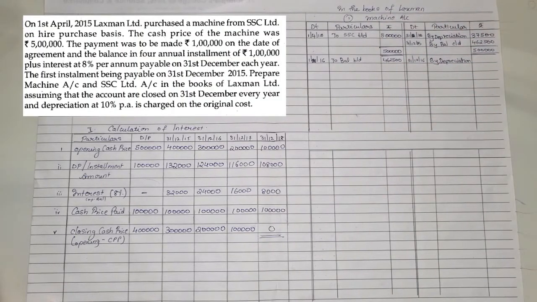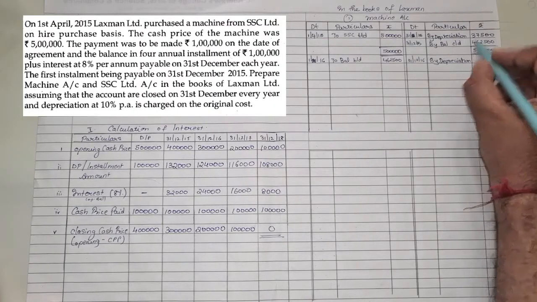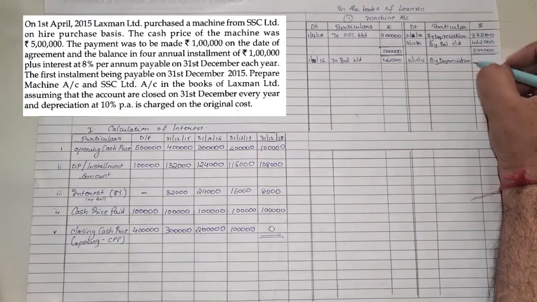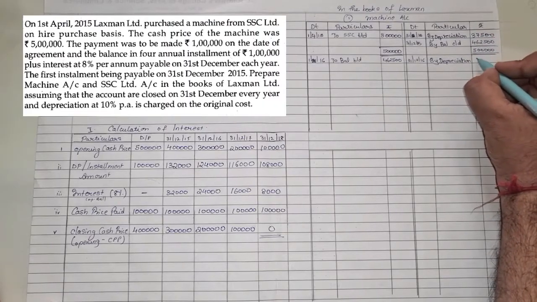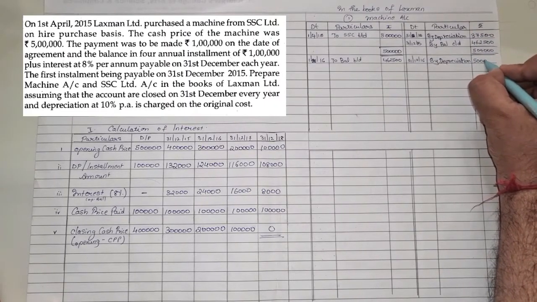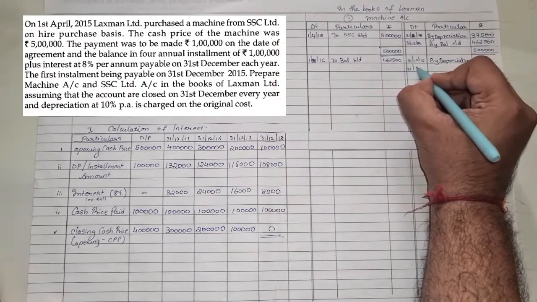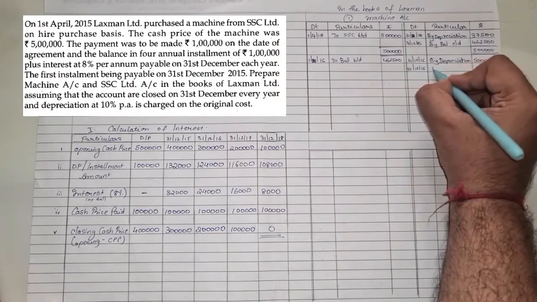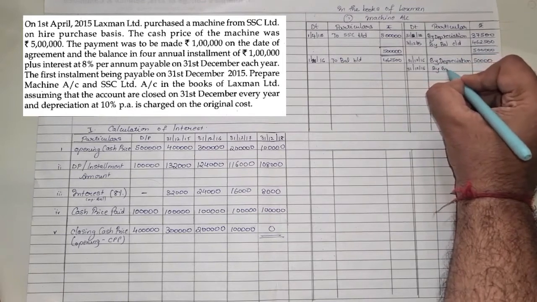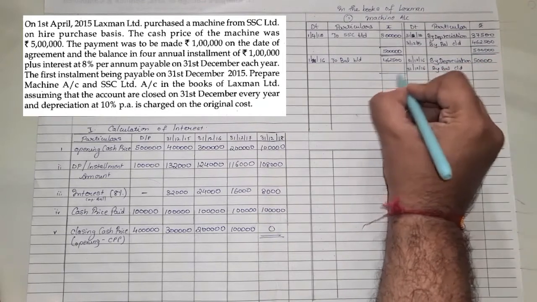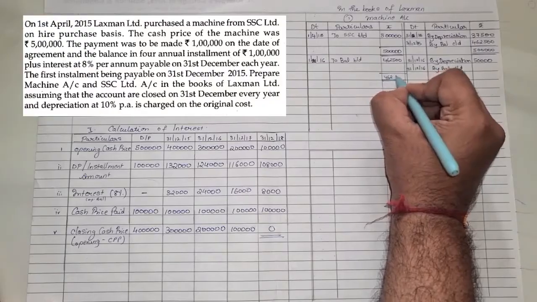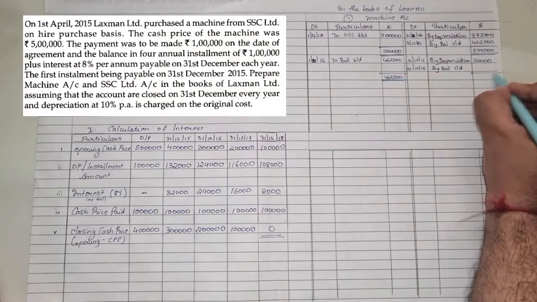Now this is for the full year. So 5 lakh into 10% will give you 50,000. The first year it was only for 9 months, otherwise it's the complete year. So full year depreciation is 50,000. Same date, 31st December 2016, by balance carried down, I close this account, 4,62,500 on either side.